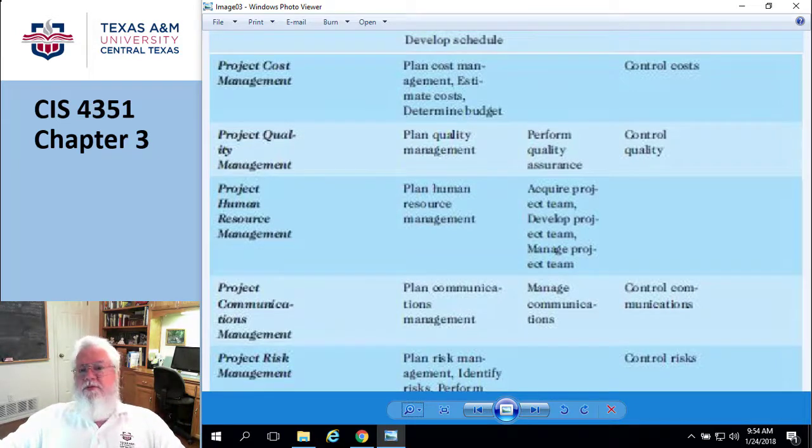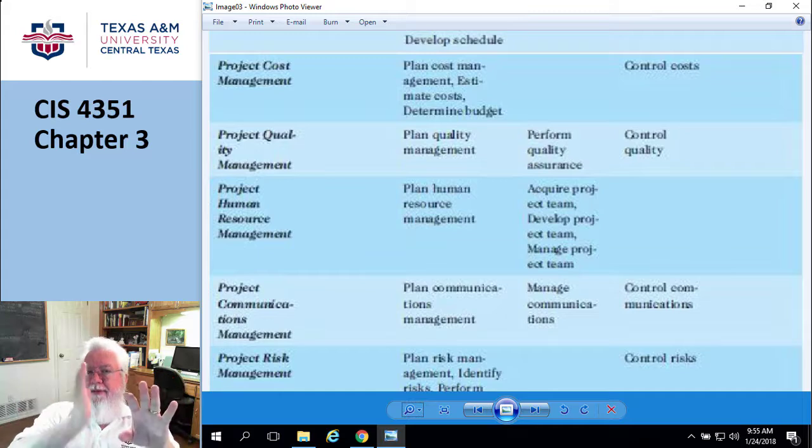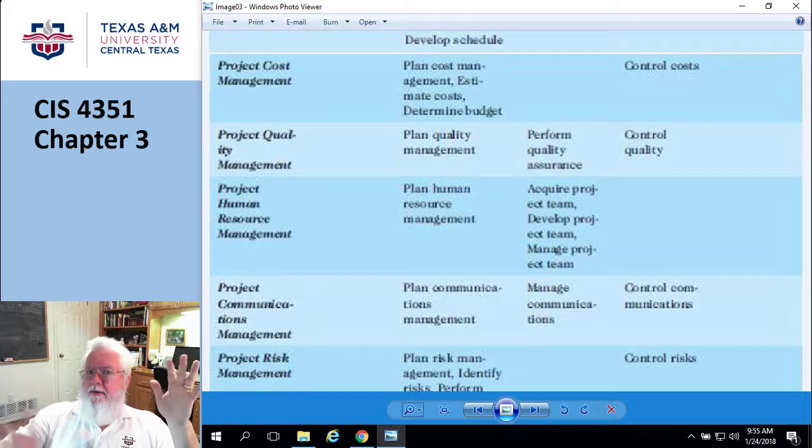Another thing you can do at this pre-stage is lumping and splitting. I have a project and it's way too big, so I'm going to split it in half. We're going to do this part and then this part. Let's say somebody comes in and says, I think we need to come up with a new enterprise resource management plan that does everything, soup to nuts. It does inventory, it does payroll, it does everything.